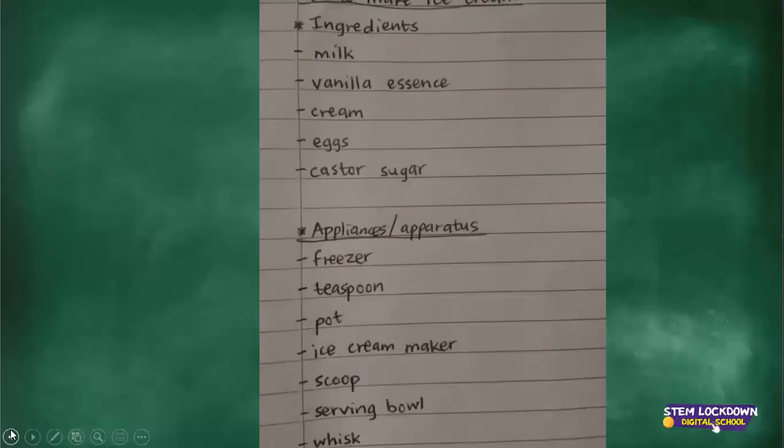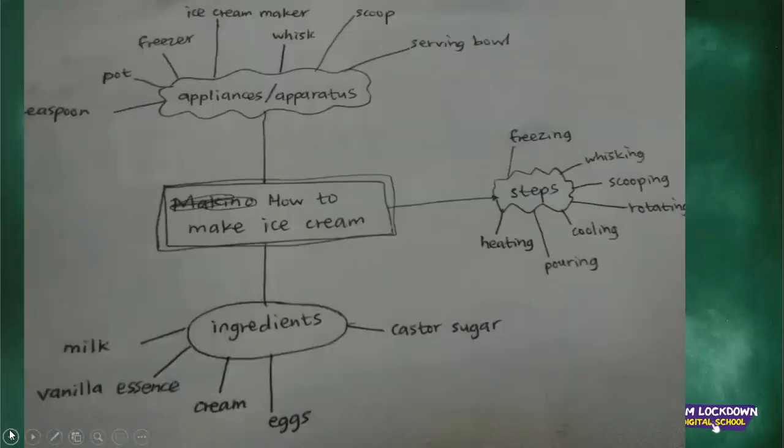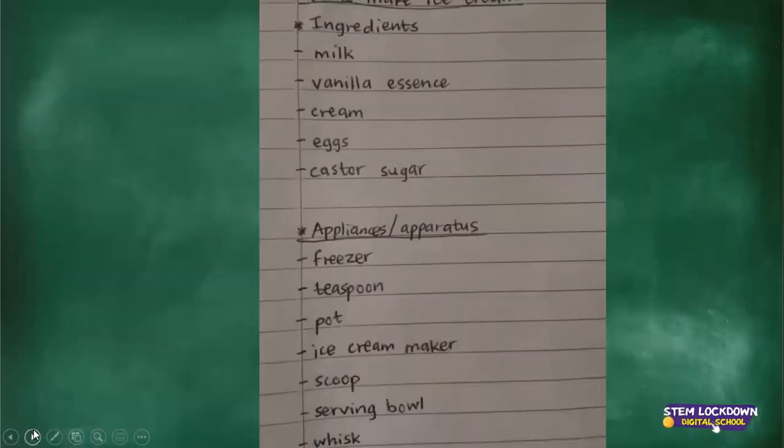This list and this mind map were my step one, where I was brainstorming the ideas, thinking about the things that we need. So this was my step one, which was the planning.